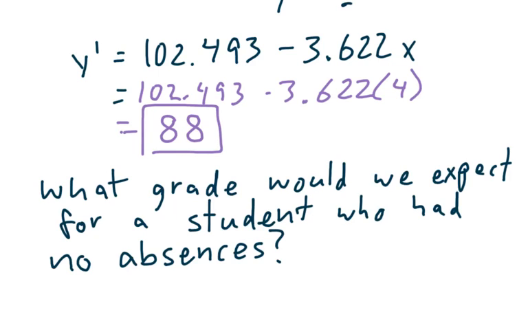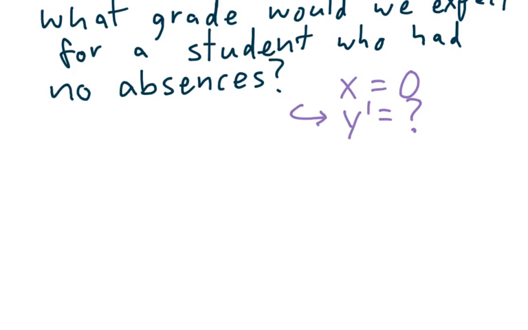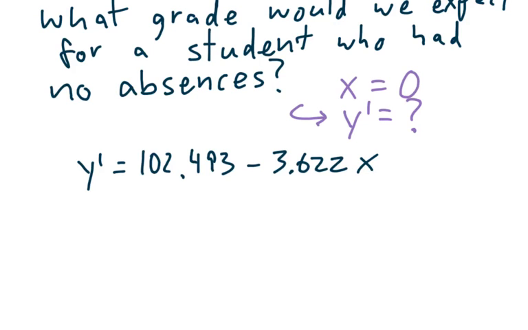So here, all we're going to be doing is substituting in 0 in place of x, and we'll see again what the value of y prime is when we do that. All right, let's just scroll up a little ways here and recall our formula. So there it is, y prime equals 102.493 minus 3.622x.